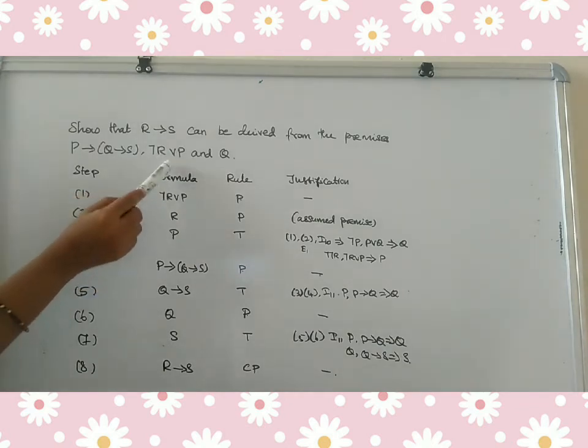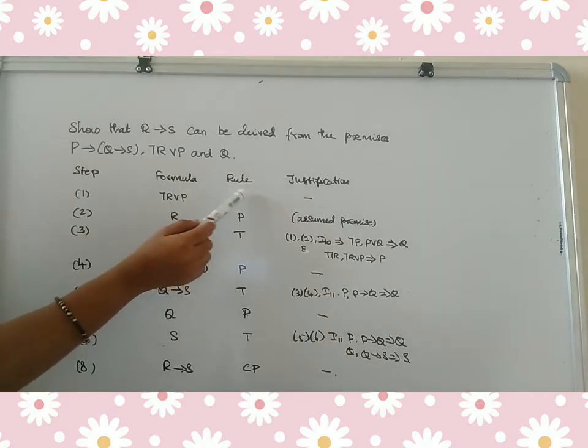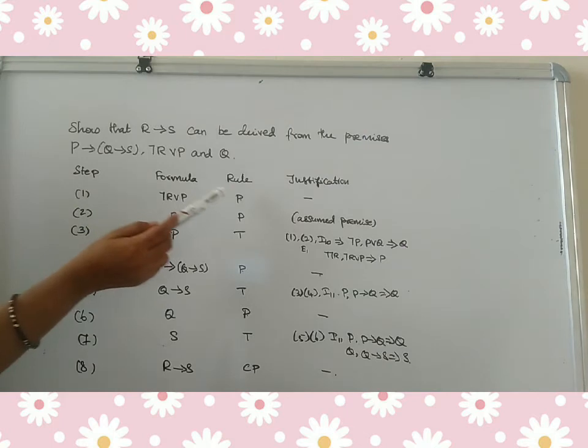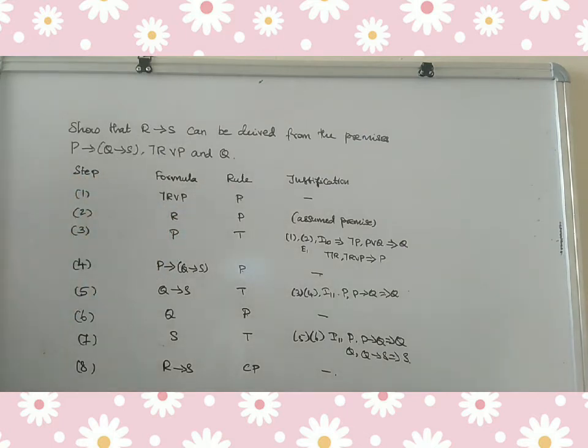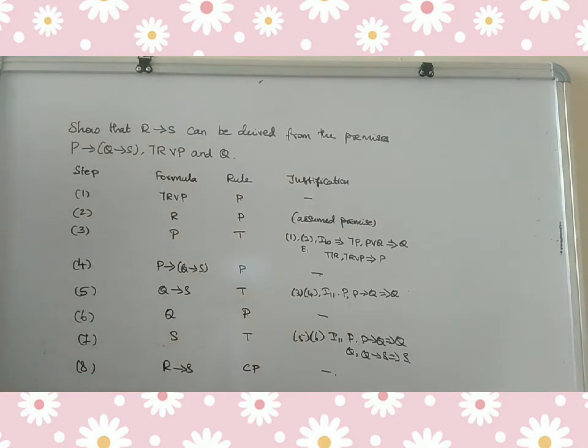At first I have introduced this premise based on the rule P, because in rule P we can introduce the premises at any point of the derivation, right? For rule P, there is no necessity to mention the justification. That's why I haven't mentioned it here.